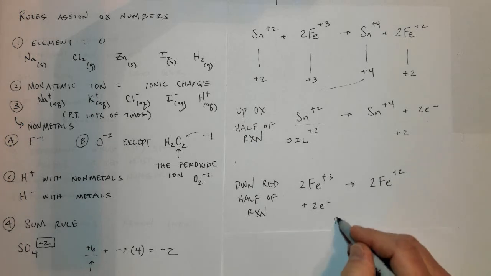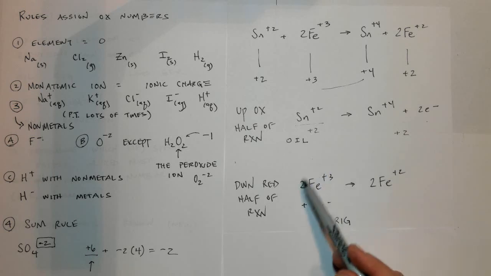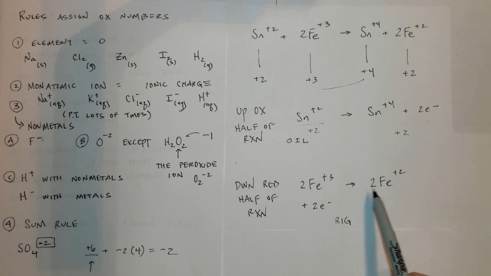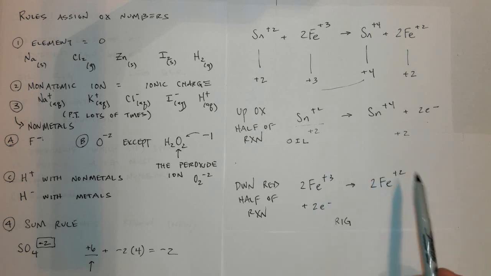And since reduction is gain of electrons, we know that this side is going to gain electrons, and we want to make sure that the charge on this side of the reaction is equal to the charge on this side of the reaction. So if I add 2 electrons to this side, the total would be positive 4, and this total would be positive 4 on this side.